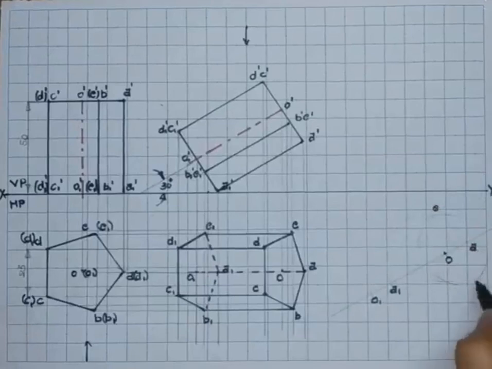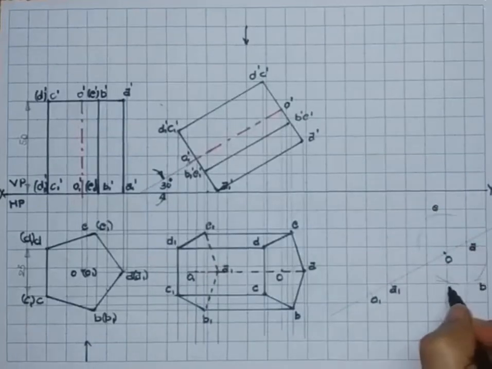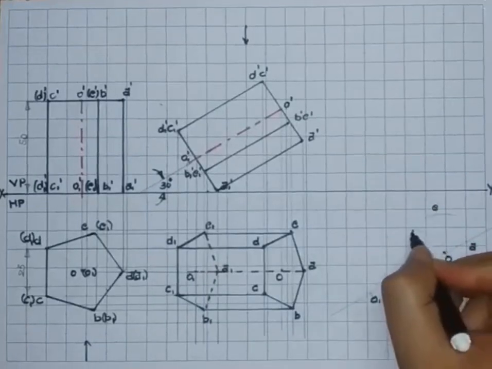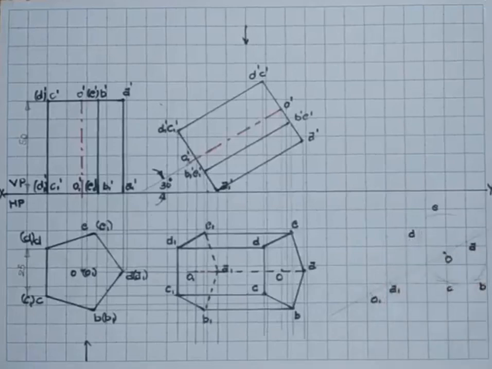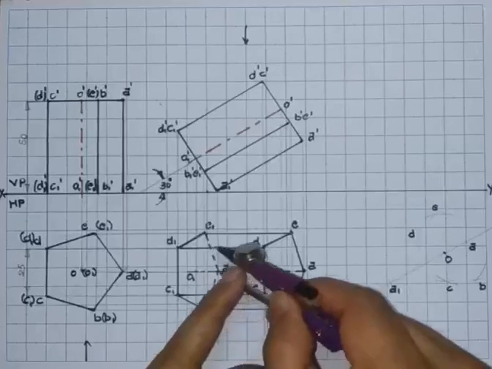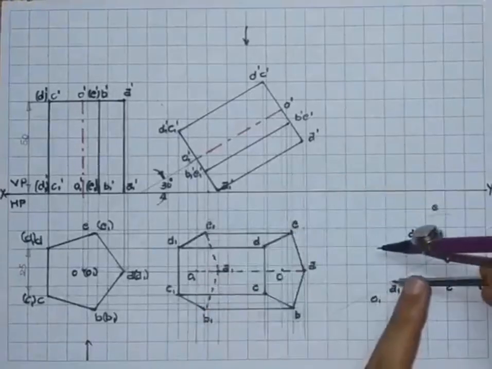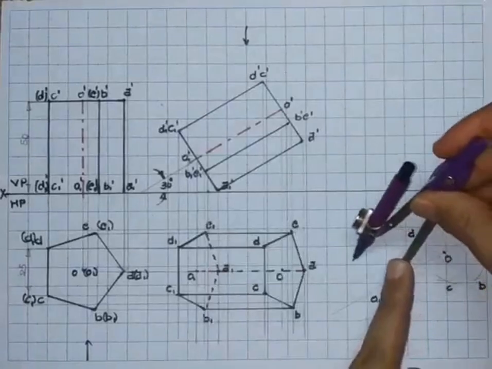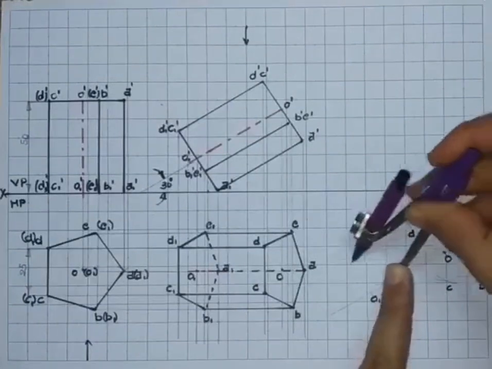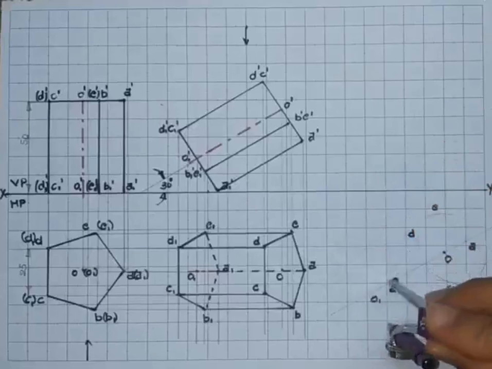This is point A, B, C and D. Then let me connect A1 to E1. The same length will be for B1 also.